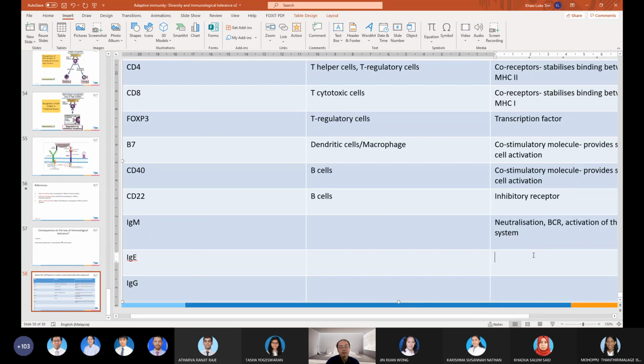Okay. How about IgE? Neutralization as well. Generally, all antibodies neutralize, so that's a very easy answer. However, there are some specifics. For IgE, what do they do specifically?